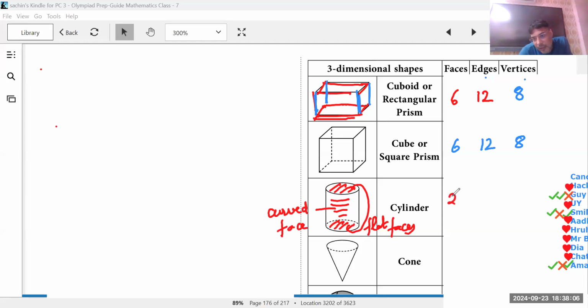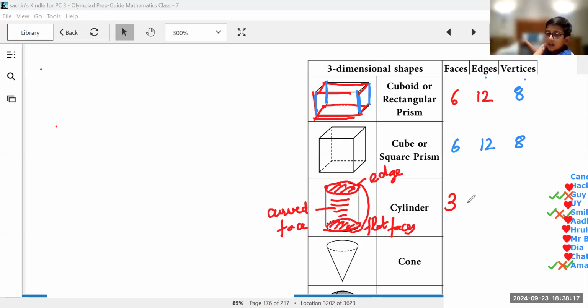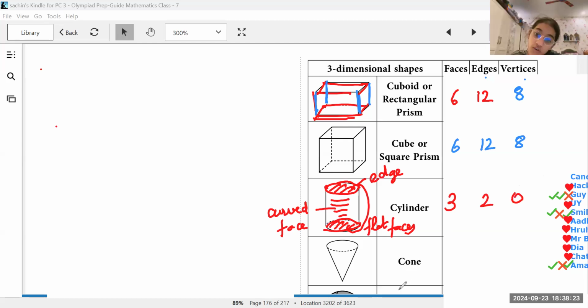So we have 3. How many edges are there, Zapman? 2. One is this edge and one is this edge. And how many vertices? 0.